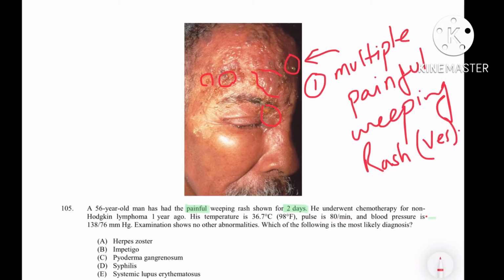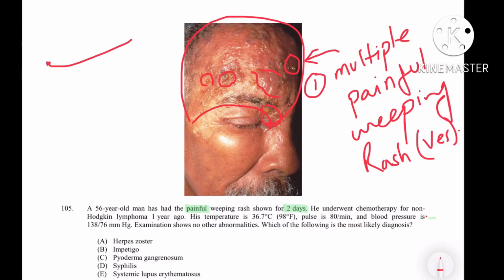The distribution of such vesicles or such rashes is along the dermatome or the ophthalmic region. So if the distribution is along the dermatome, that will also help you in diagnosing the condition.